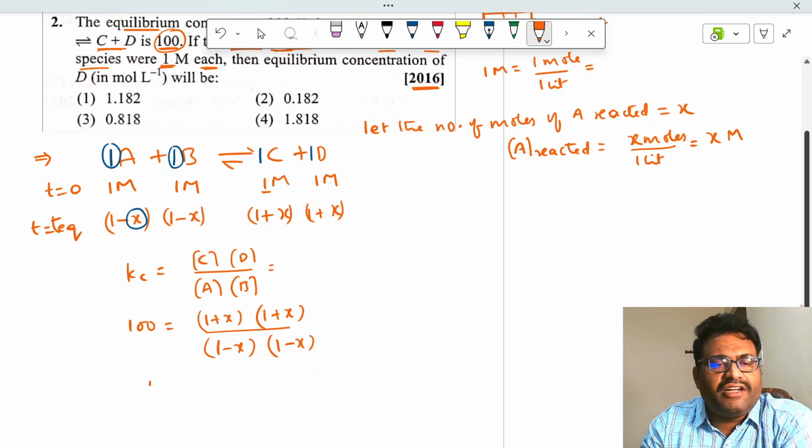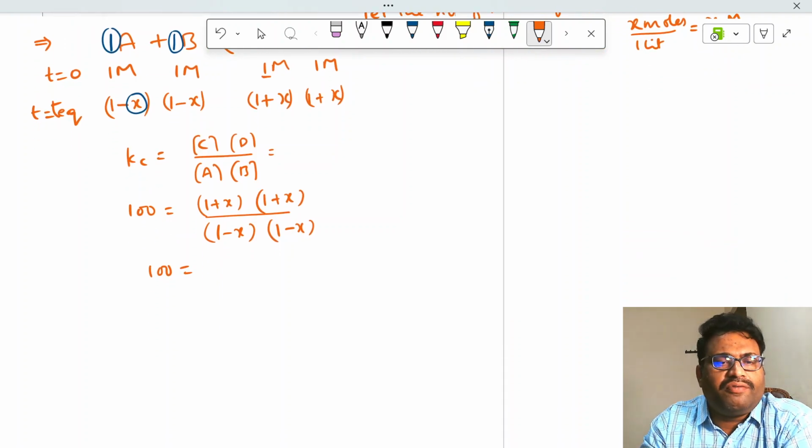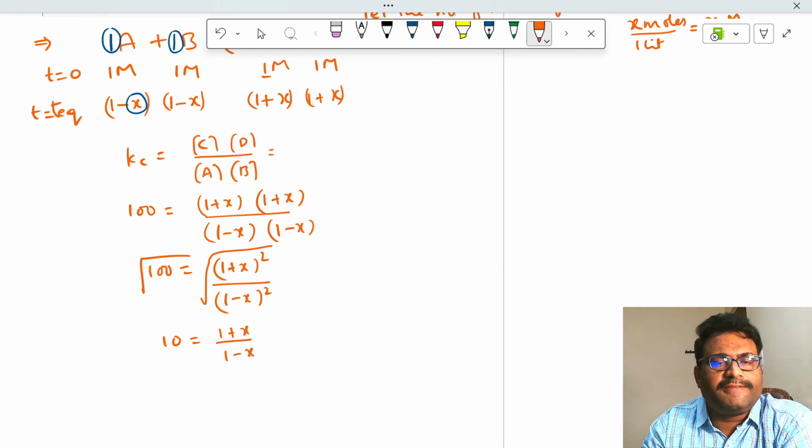Then what you can write? 100 is equal to 1 plus x whole square by 1 minus x whole square. Square root on both sides. Then what do you get? 10 is equal to 1 plus x by 1 minus x. Then what you can write?